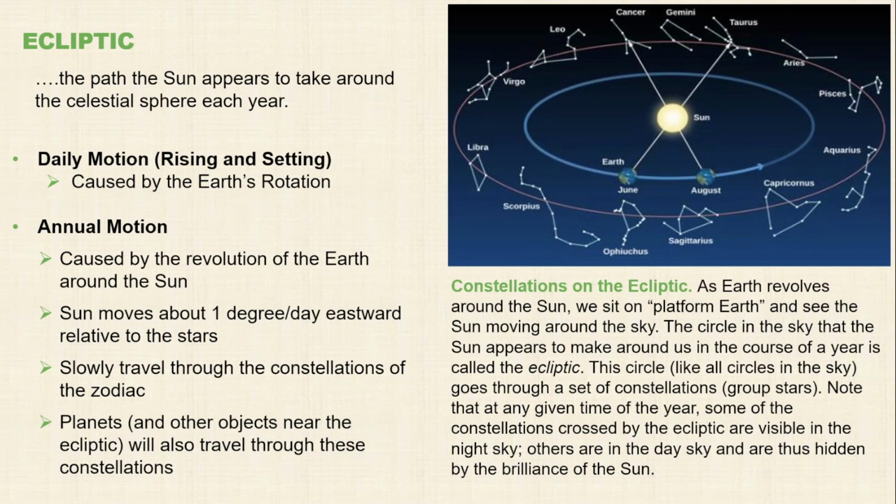And the other one is the annual motion caused by the revolution. Okay, here are two terms. First was the rotation of the Earth, the rotation about its axis. The other one is the revolution, the motion of the Earth around the sun. It goes around in 1 year.